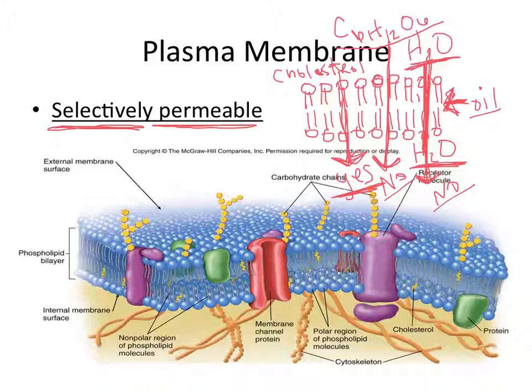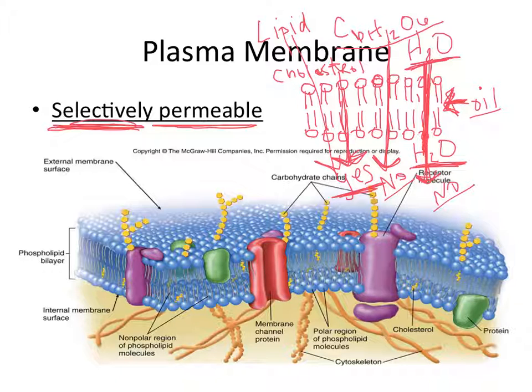Another type of lipid, some type of steroid or hormone, would it be able to pass through the plasma membrane? Yes, it can pass directly through the plasma membrane. So this is one of the ways that the plasma membrane selects what can pass through. It's dependent upon solubility.